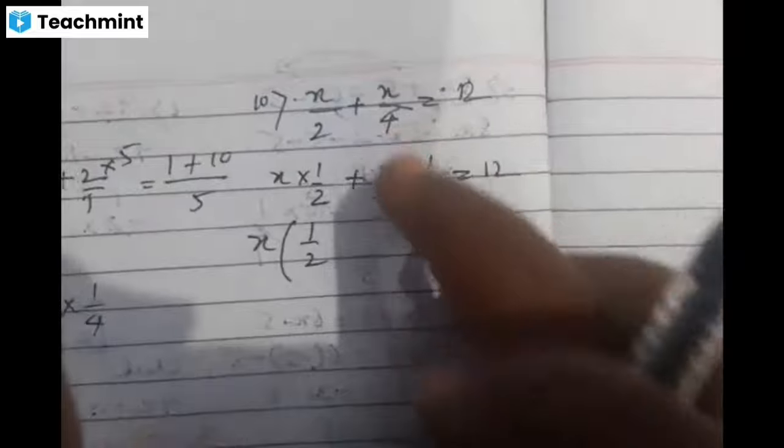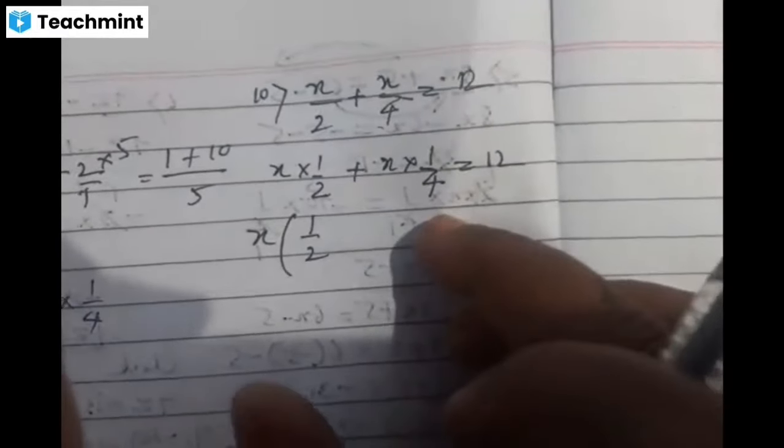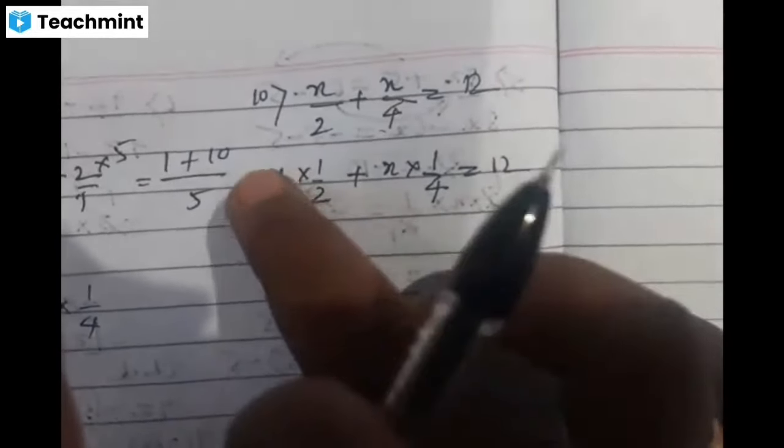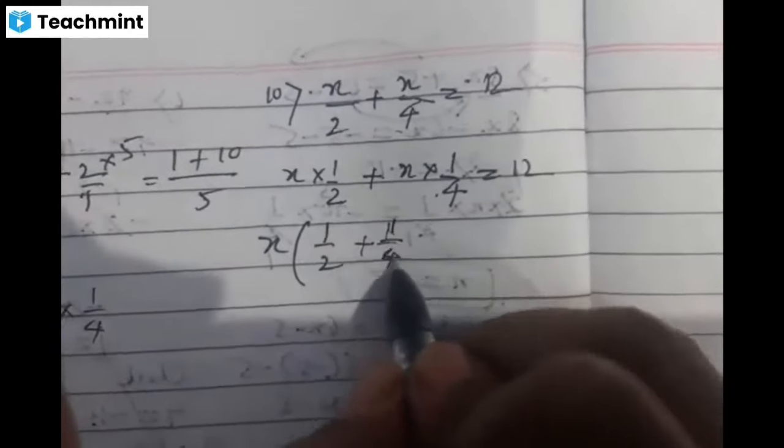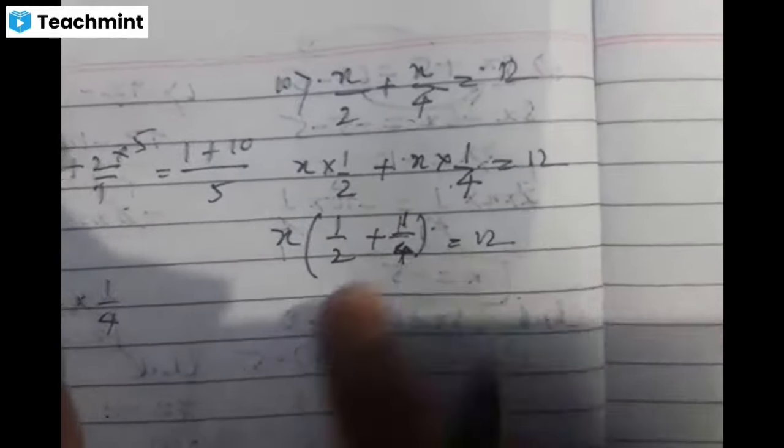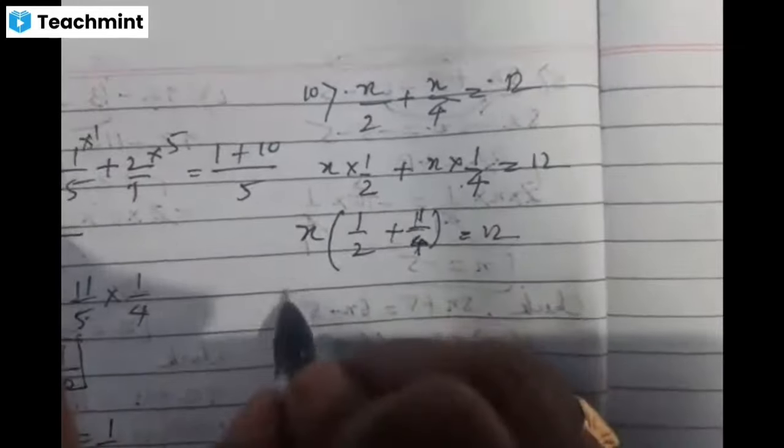Factorization, you know how to do. Instead of writing x by 2, I write x into 1 by 2. And x by 4, I write it as x into 1 by 4. To factorize, because x is common, I take it out. What is left here? 1 by 2 plus what is left here? 1 by 4 is equal to 12. Now you know how to add two rational numbers.